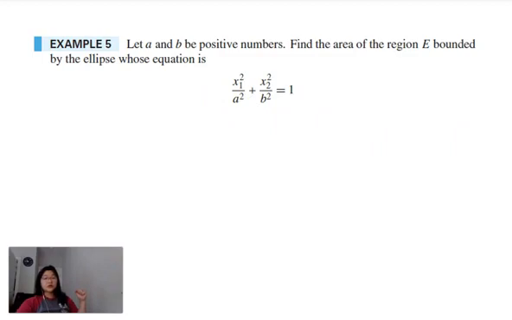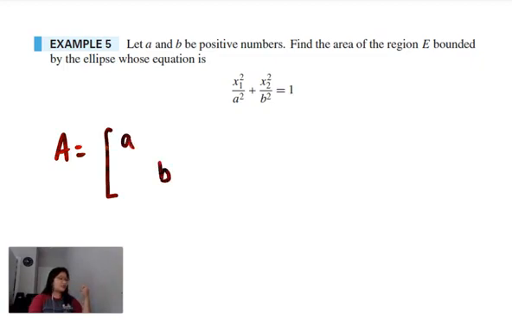So we have matrix A that is going to give us our transformation, and this transformation is a vertical and a horizontal transformation. We're not rotating our circle, but we are stretching it and or compressing it, depending on if A and B are greater or less than 1.